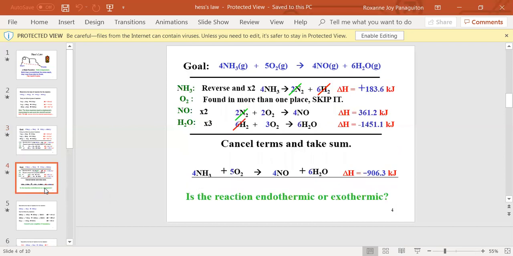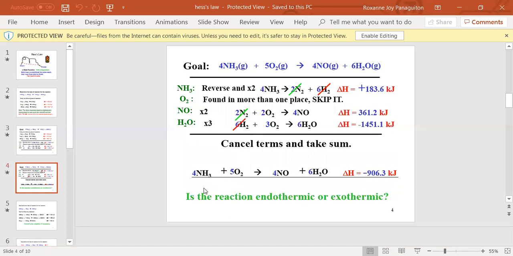The next step is to cancel out the common reactants and products, okay? So, in your first reaction, you can actually cancel out the 2 and 2 from the second reaction, okay? And then you also cancel out the hydrogen from the first reaction to the third reaction, okay?